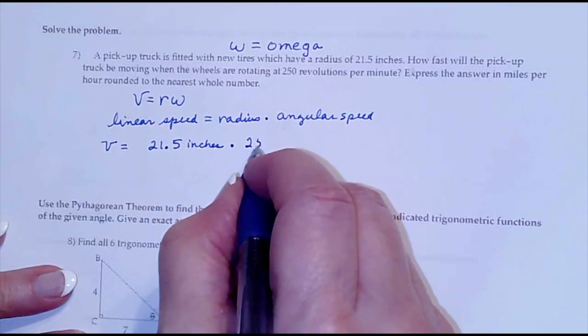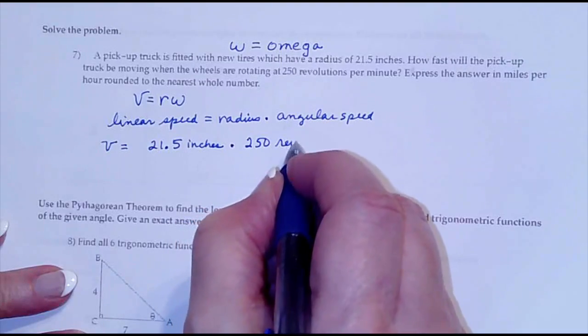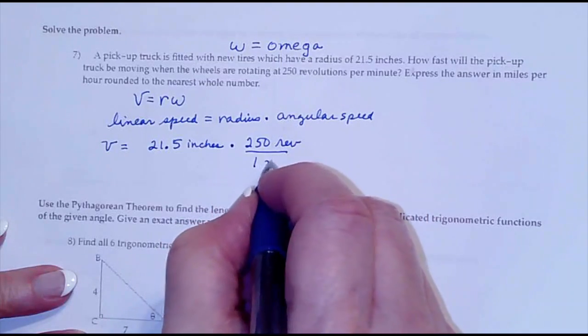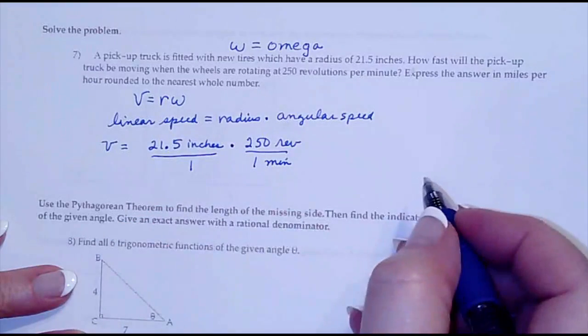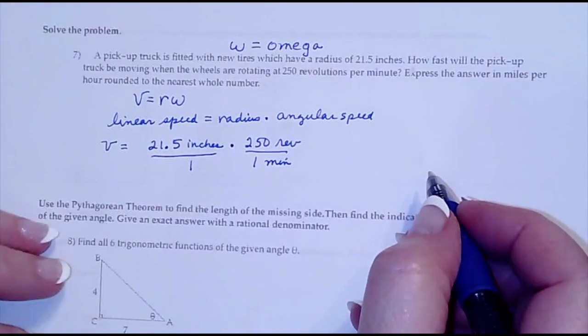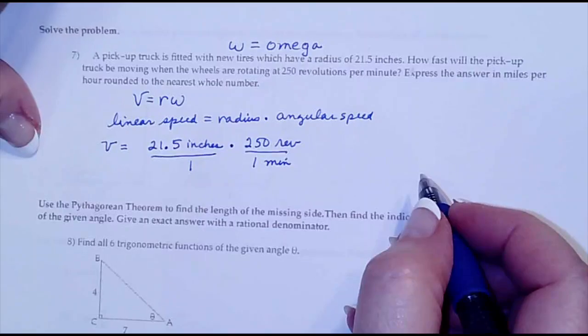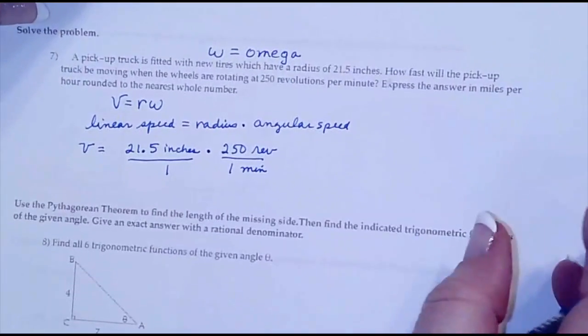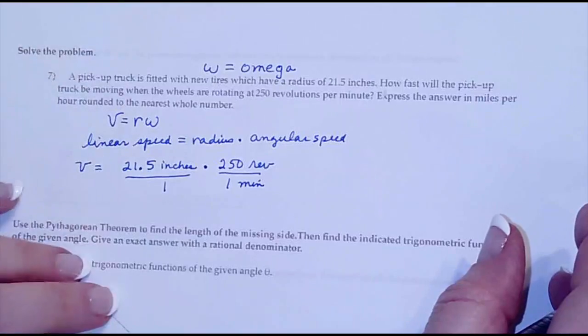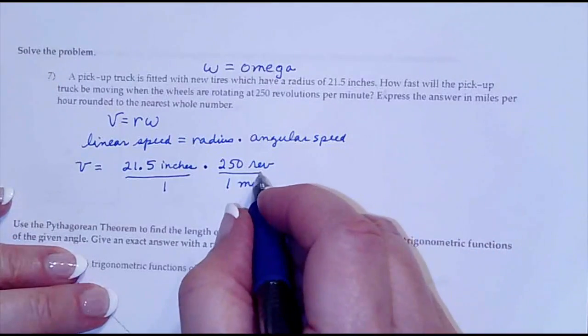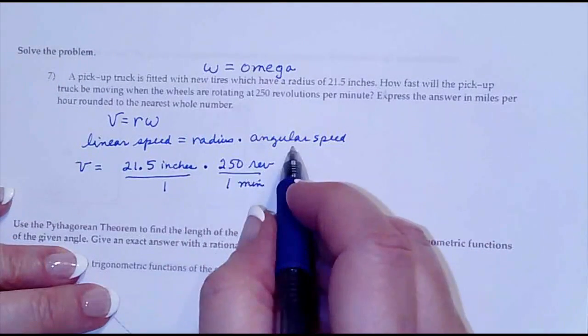So we're going to write 250 revolutions per 1 minute. And we're going to put this over 1 because everything's going to be in a fraction as we go across. Now a lot of people just start multiplying stuff on this kind of problem. But what I want you to do is totally get it set up in an equation first, and then we're going to put them together. So that gives us our radius times angular speed.